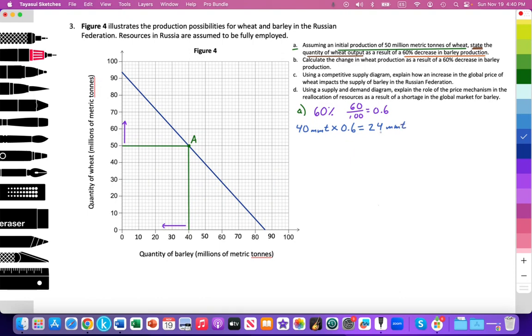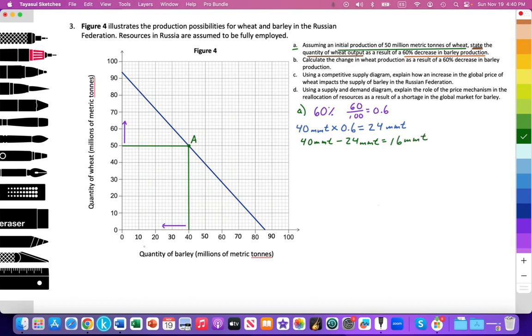I'm going to subtract 24 from 40, and that will be a 60% reduction. 60% of 40 million is 24 million. So I have to reduce 40 million metric tons by 24 million metric tons. That's going to set the output now at 16 million metric tons.